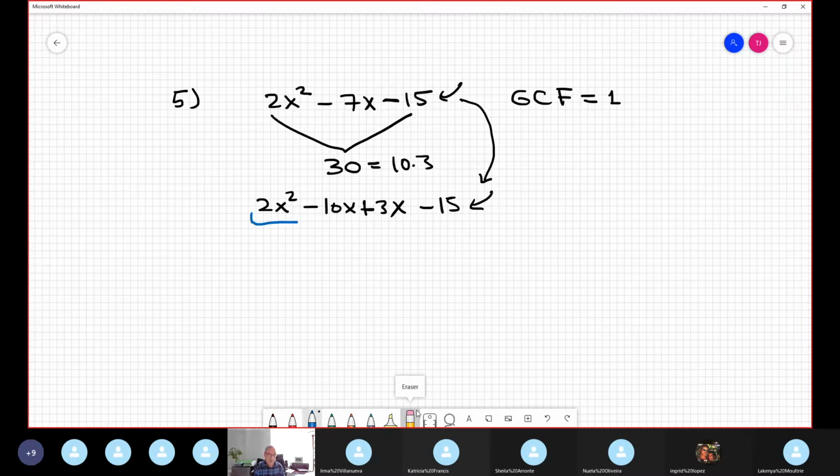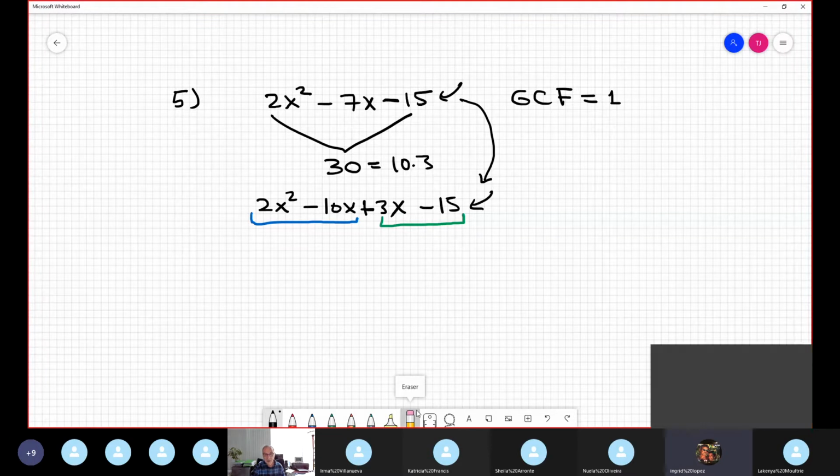Yes, GCF in the first couple and GCF in the second couple. What is the GCF in the first couple? Isn't it 1? No, the GCF in the original was 1. But now I analyze by grouping. That is the reason I put color.